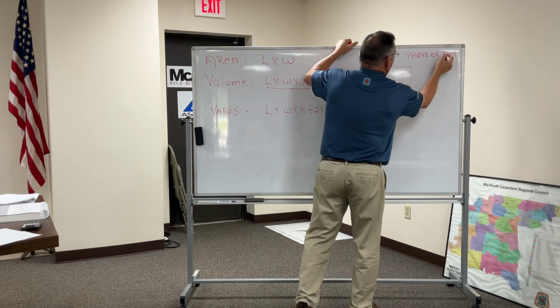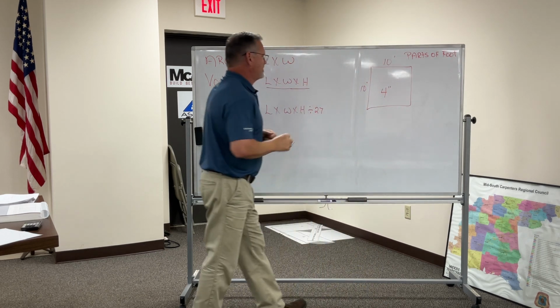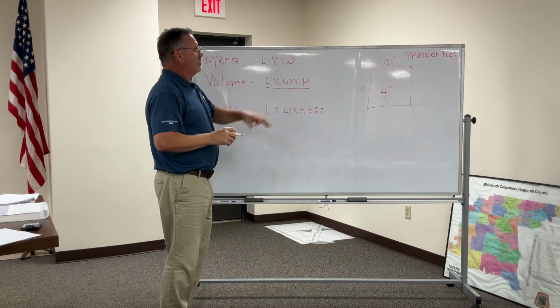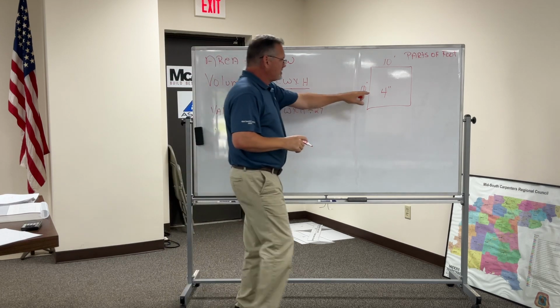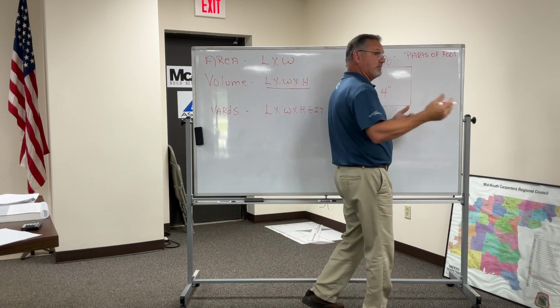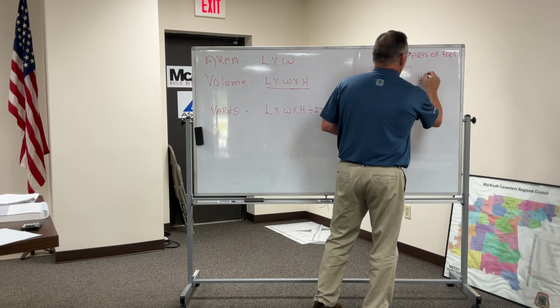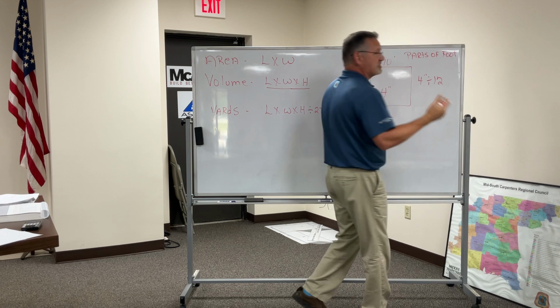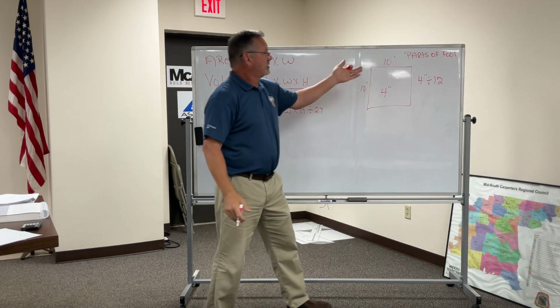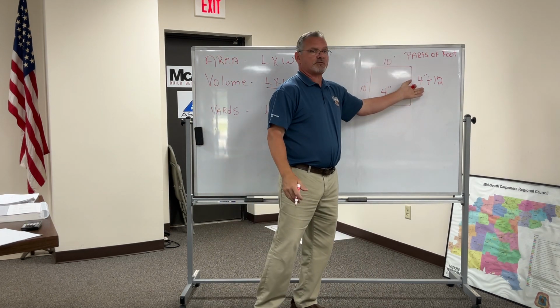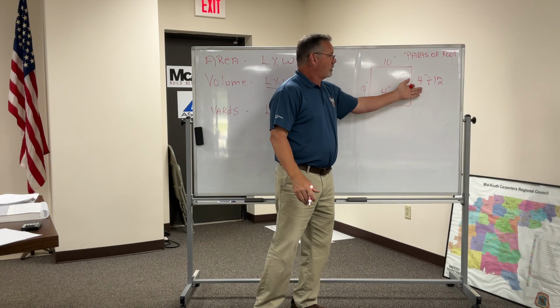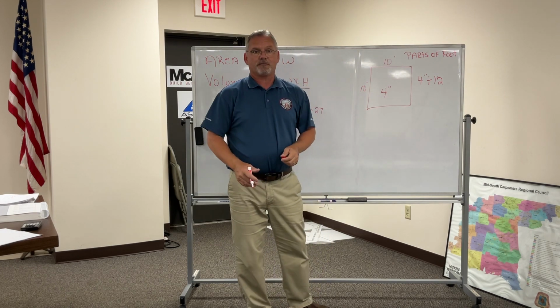There again, I wrote it out so we could get a gist of it, right? So basically we're going to take that 4 inches and we're going to divide it by 12 parts of a foot, which is 4 inches divided by 12, because it's 12 inches in every foot. So the parts of the foot will be represented by the 4. So we will actually get a decimal there.